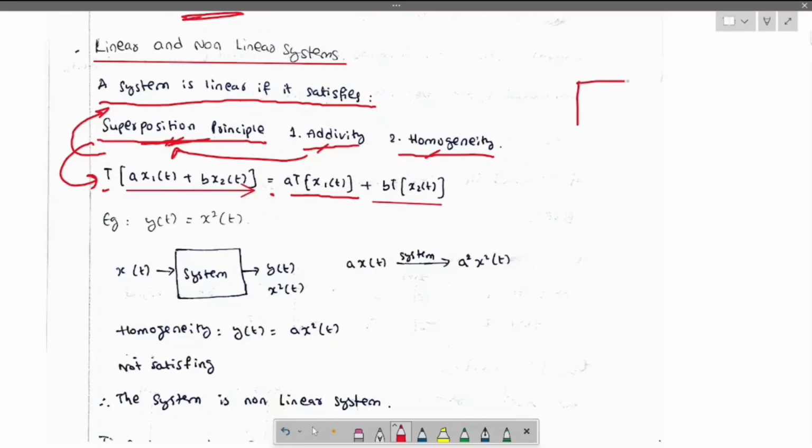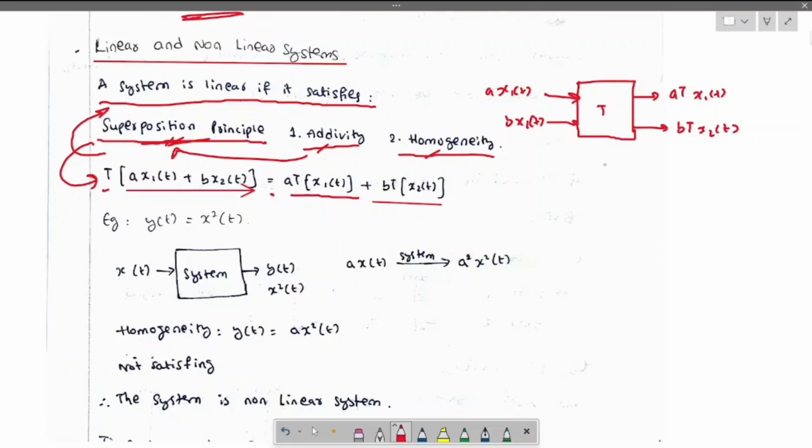Let us see the superposition theorem diagrammatically. When you give a x1 of t and b x2 of t to the system T, the output should be a T of x1 of t and b T of x2 of t.